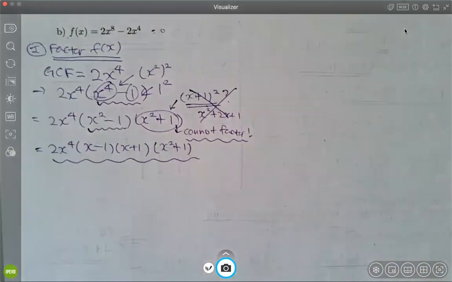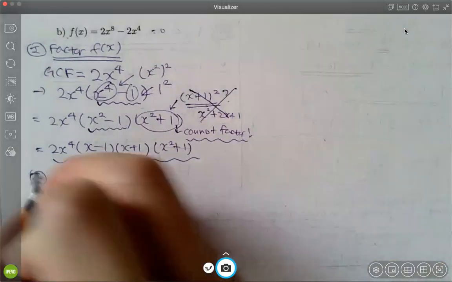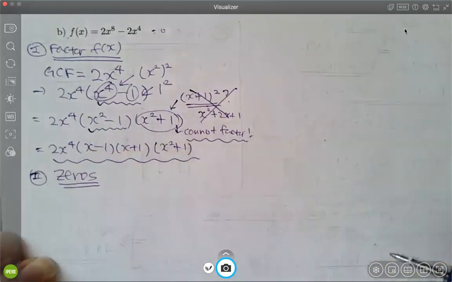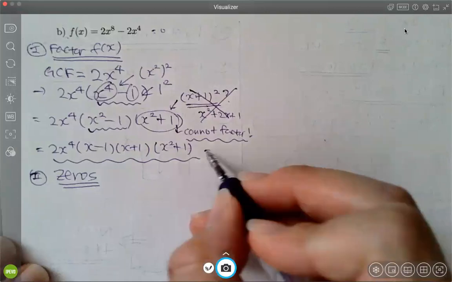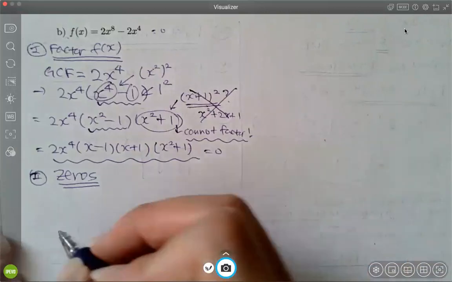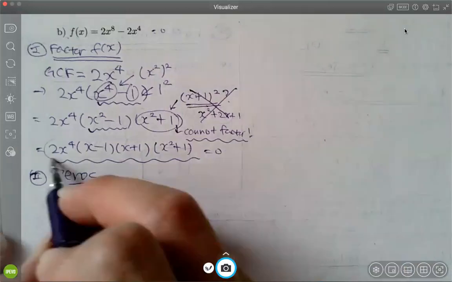Okay, and now step number 2 is what? Now we can find the zeros. Okay, so to find the zeros, we set this whole thing equal to 0. So what does that mean? Do we set 2x to the fourth equal to 0?